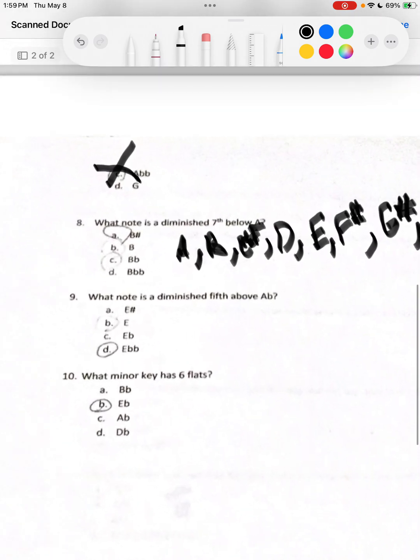What are my options? That's a question. What is a diminished seventh below A? It's not a B sharp. What the heck? There's no way that's a B sharp on this one. Below A.